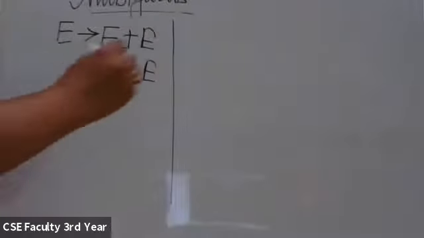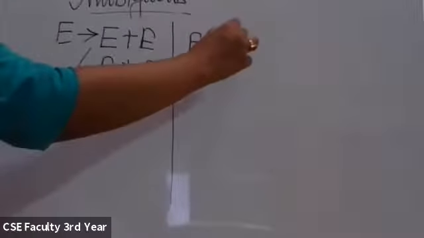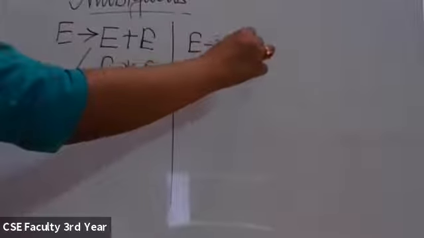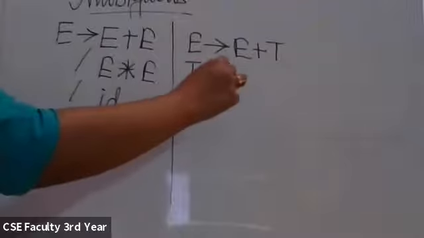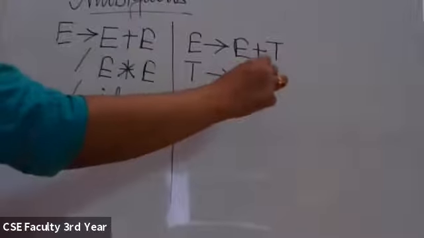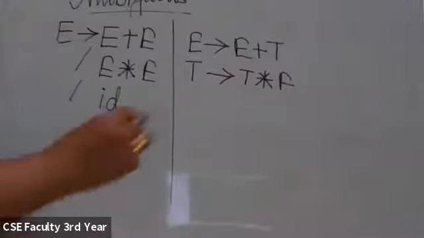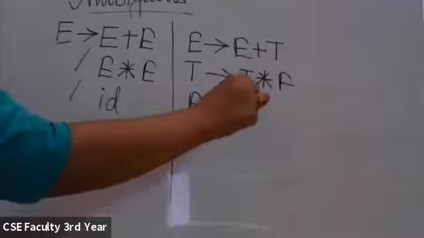Firstly, you can write E derives E plus, instead of E again, another variable T. Then T derives T into another variable F. And finally, F derives ID.